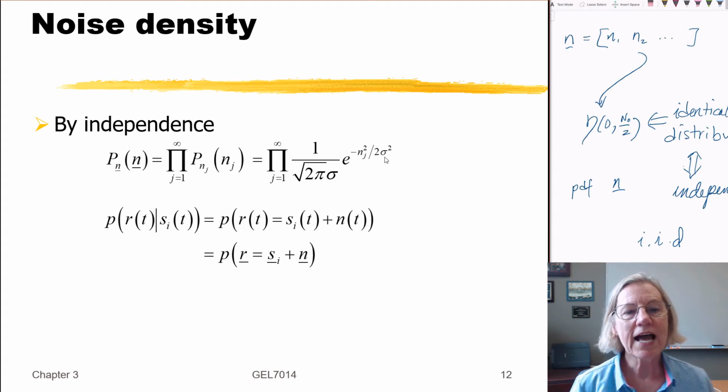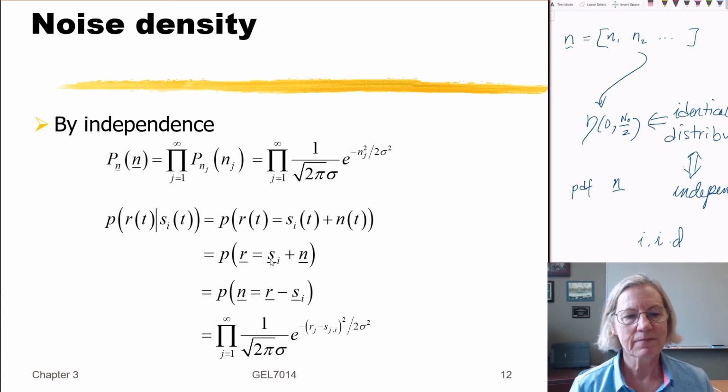Now I know the density of the noise. Since I know the density of the noise and I know the symbol, I know this density because what I'm doing is simply displacing the mean. Instead of being zero mean, it's now going to have this mean, which is the symbol that was sent.